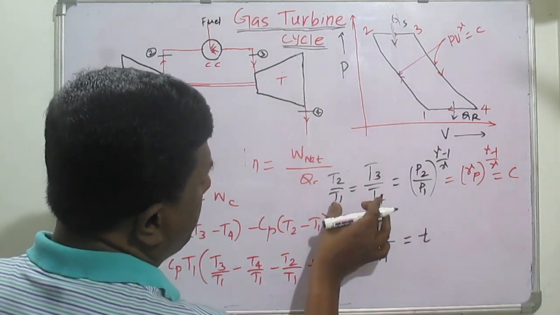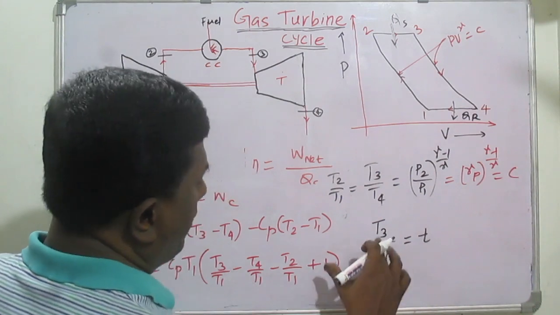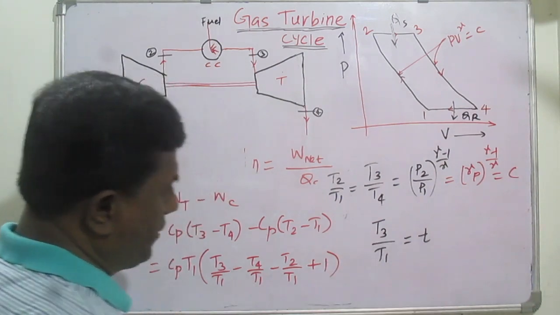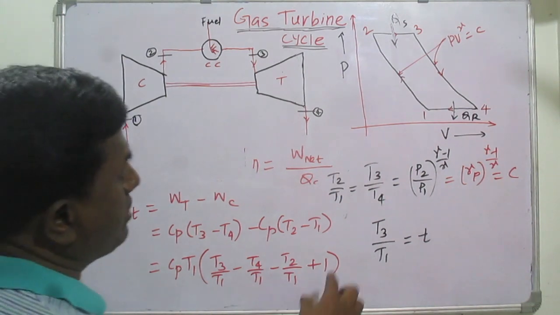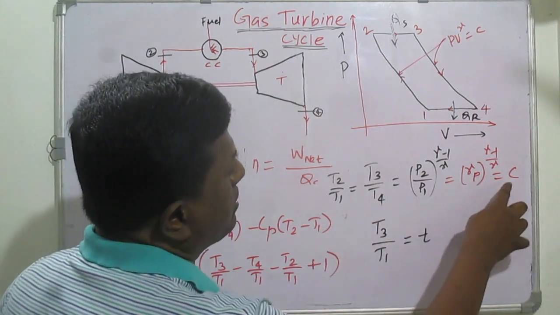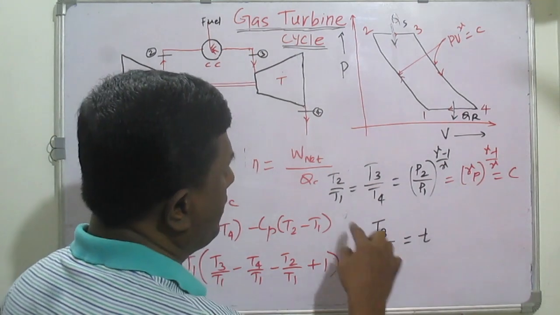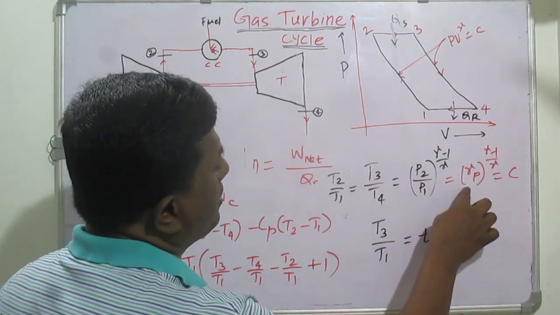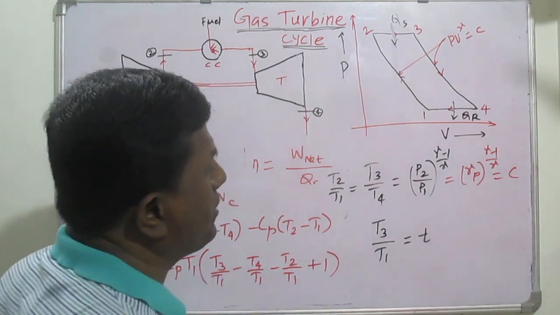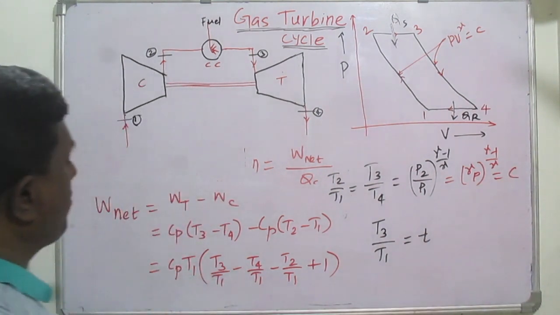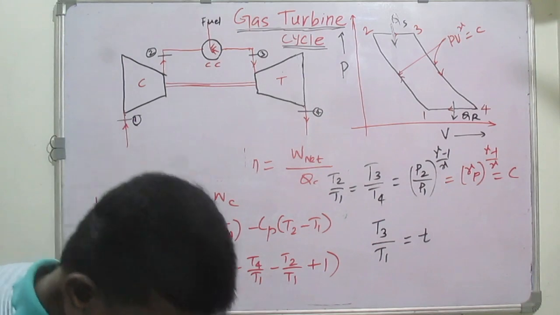For this we take C, and T3 by T1 we take as T. So C denotes this one. Now let us simplify this further.